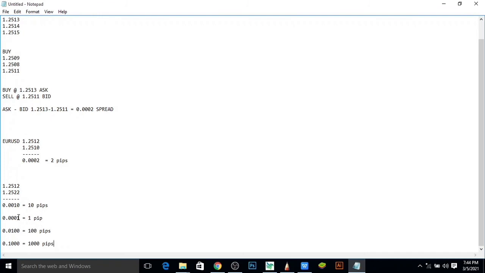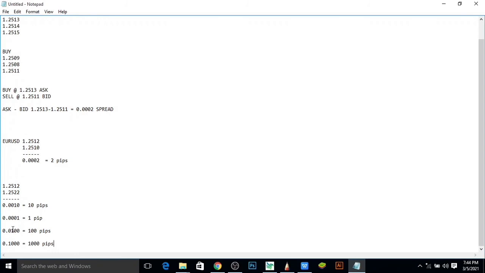So this position, fourth decimal place, you can consider it as unit 1, right? The third decimal place, you can consider it as your tens. So when the 1 is here, you have 10 pips, right? The second decimal place, you can consider it as your hundreds.